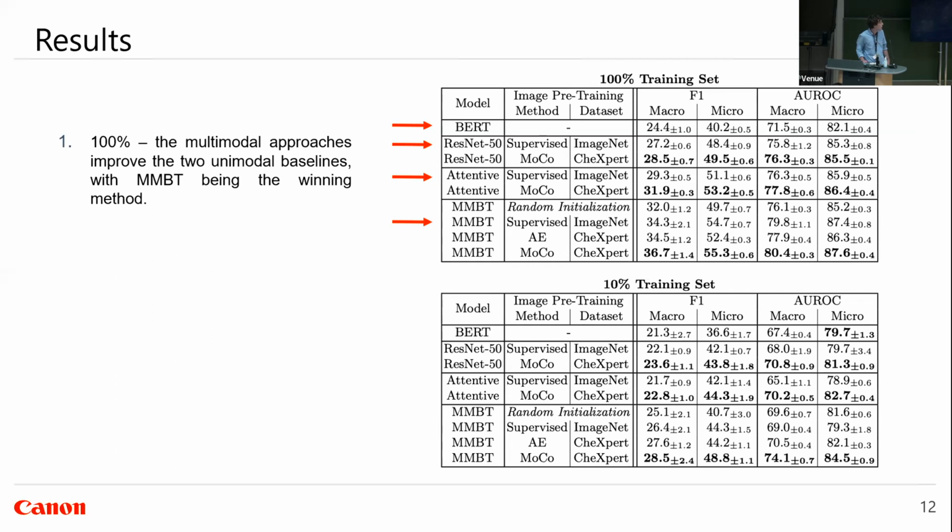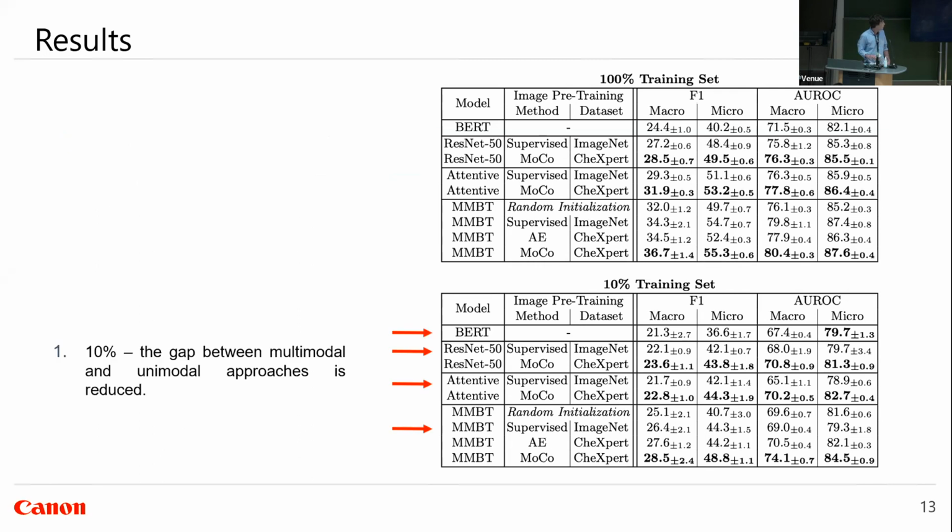Here we compare using the standard supervised ImageNet pre-training. But when reducing to 10%, the gap between multimodal and unimodal approaches is reduced. And actually, for some of the metrics, the ResNet 50 only beats the other multimodal approach, the attentive.